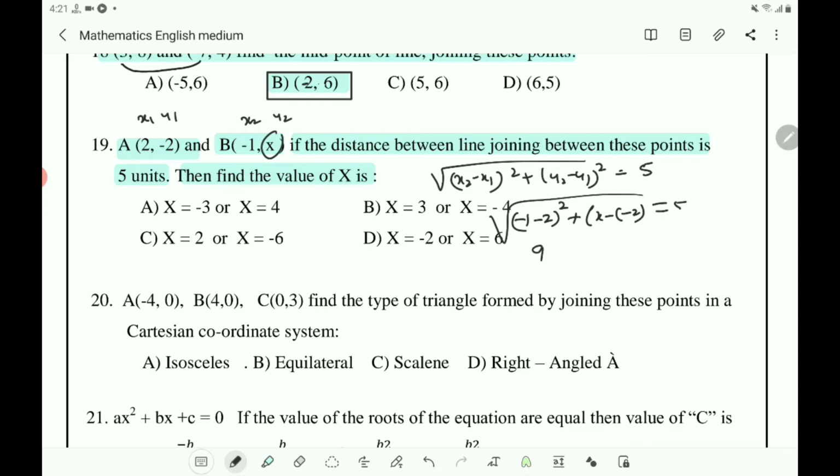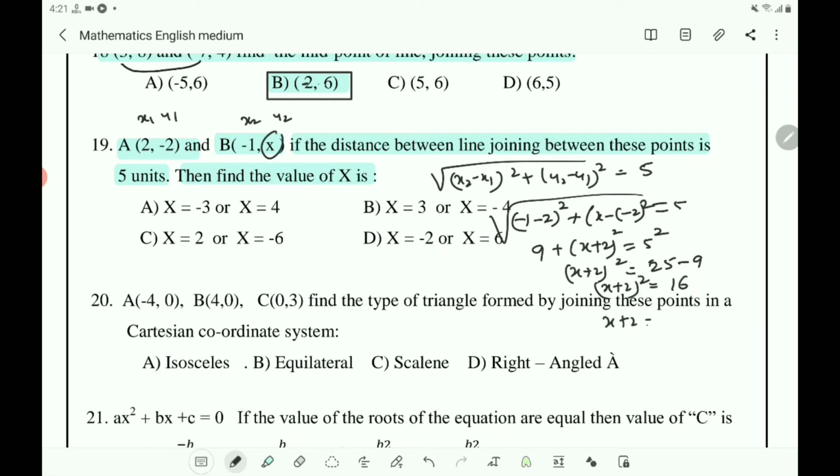You will get 9 plus (x plus 2) whole square equals 5. Then you take the square here and cancel the root. Then (x plus 2) whole square equals 5 square minus 9. 5 square is 25, 25 minus 9, so (x plus 2) whole square is 16.